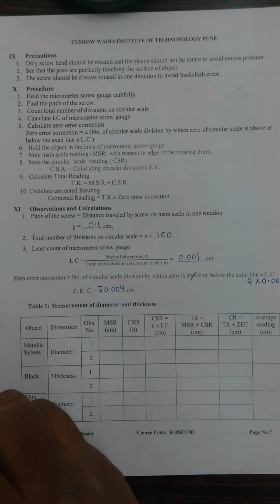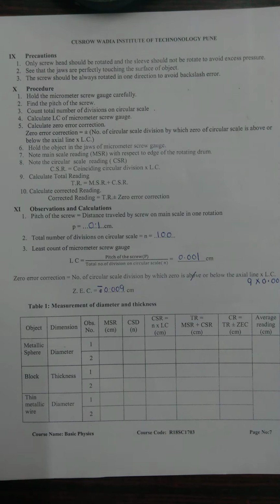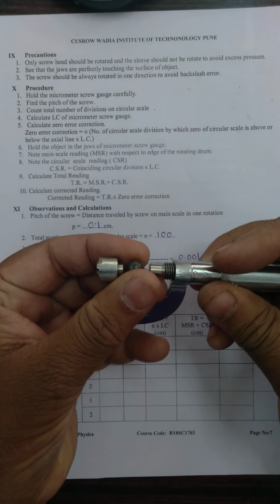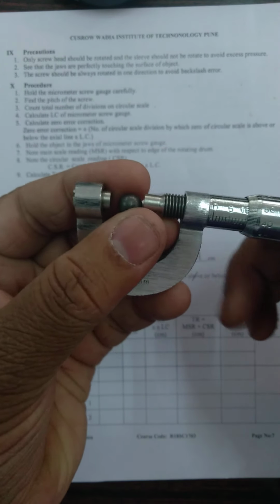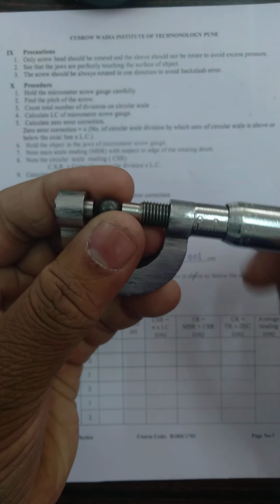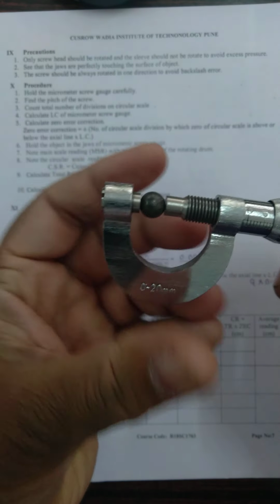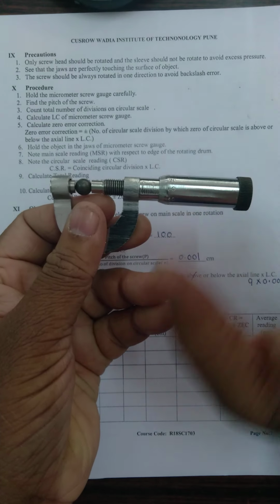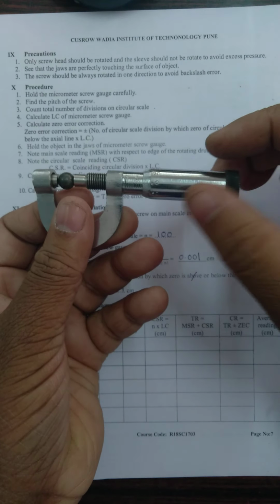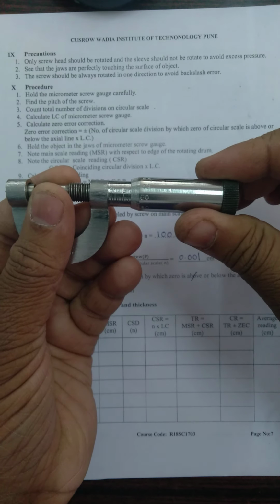We'll see for the ball bearing first, or the small sphere. When we take the readings, make sure that these 2 jaws hold the object. Place it in this particular fashion. Do not tighten it, you're not supposed to deform it. You're just supposed to place this object between these 2 jaws.